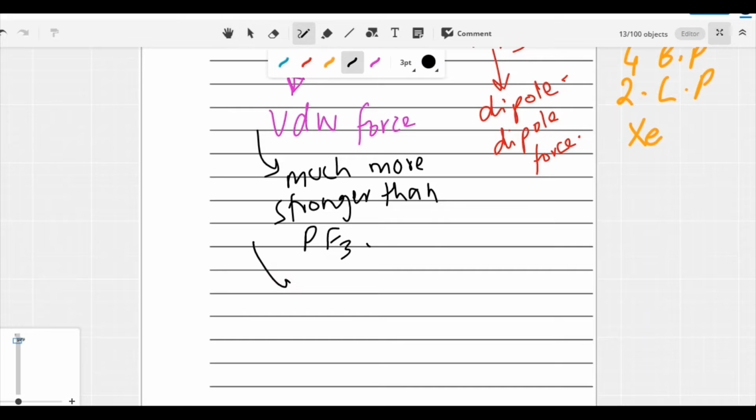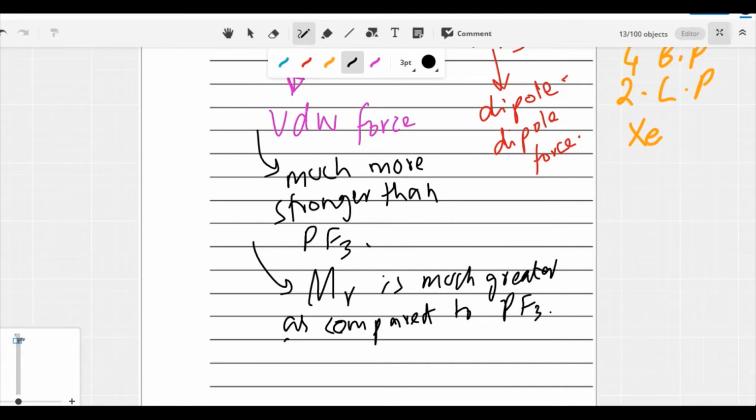Because the molecular size of xenon tetrafluoride is much greater as compared to PF3, so more electrons are packed closely together.